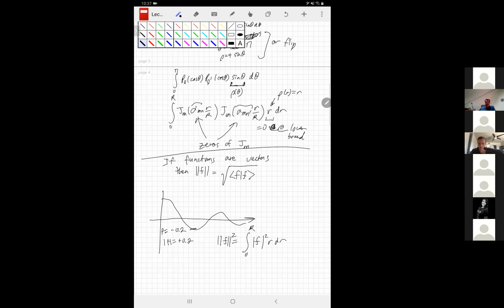So they use the double absolute value sign to denote the length of a function as a vector, and the single absolute value sign to denote the absolute value at one point. If all I want to know is the absolute value at this point, I just plug in that value of x, take the absolute value, whatever that number is, that's the absolute value of the function at that point. If I want the length of a function, that's an integral.